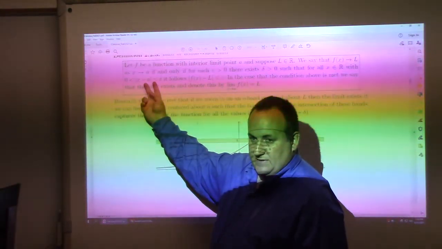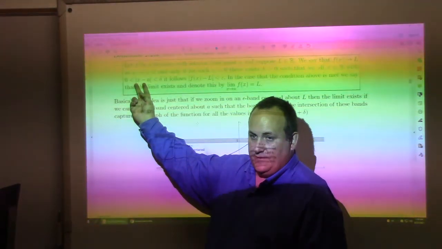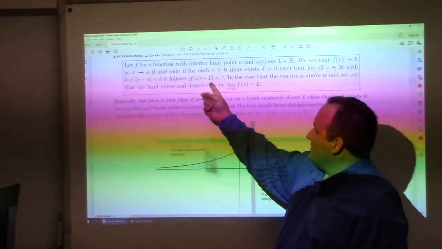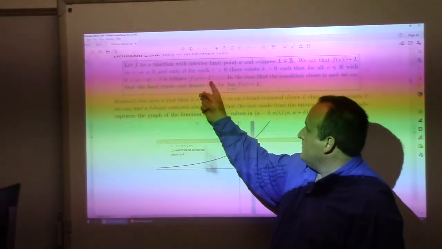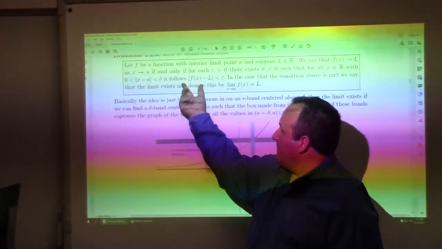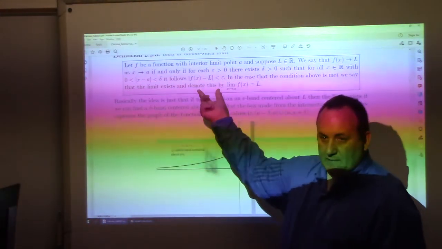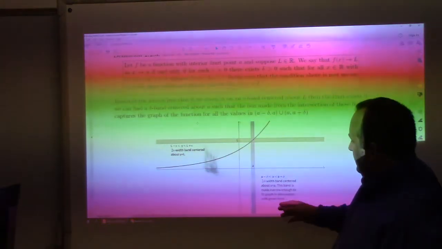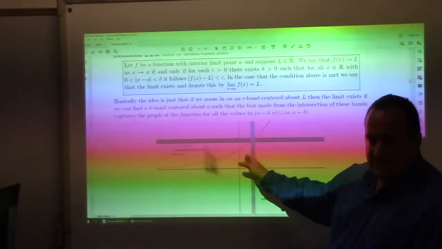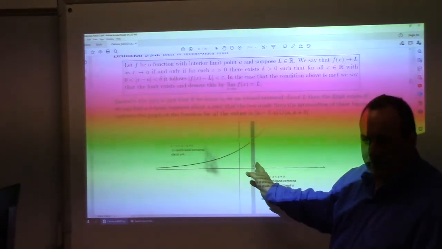And if they're that close, then for each possible distance, epsilon, from the limiting value, you have to be able to pick inputs that give you outputs which are that close. Now this picture isn't quite accurate because the blue band, which describes the delta, really should have a missing line right down the middle.